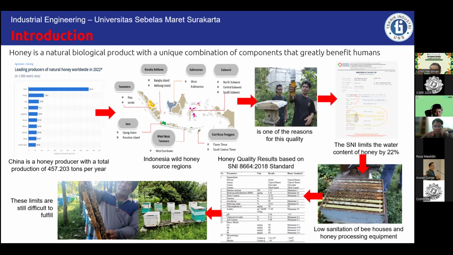SNI has set the limit for yeast and mold contamination at less than 1.10 to the power of 1, while the Food and Agriculture Organization standard limits it to a maximum of 20%. These limits are still difficult to fulfill for honey cultivation and small and medium enterprises.